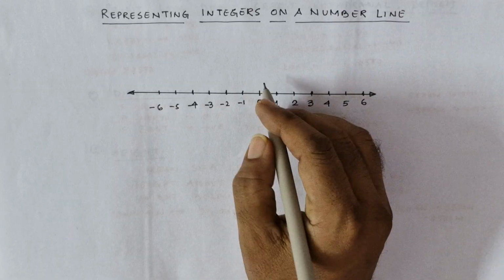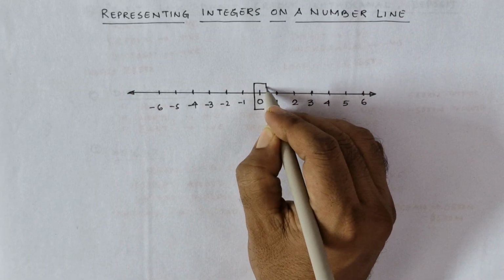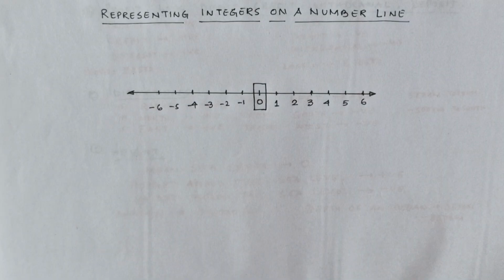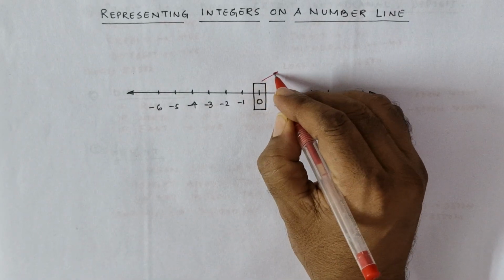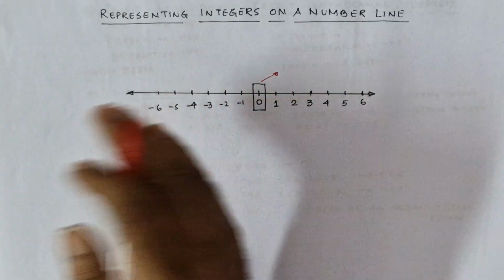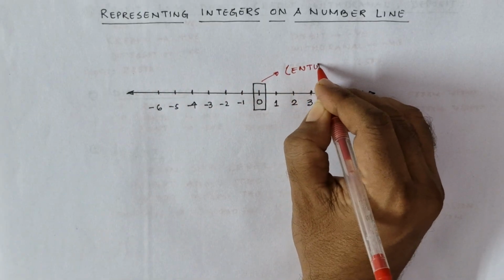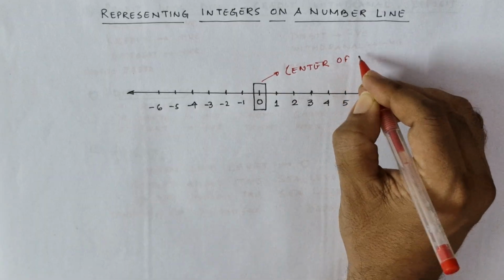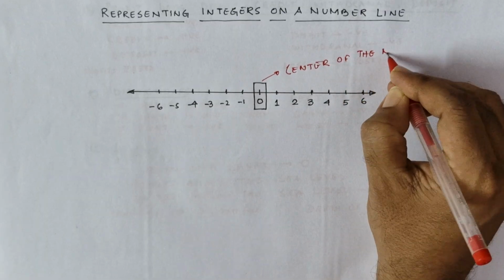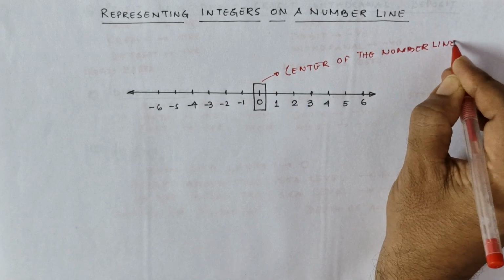Now see, just at the center of the number line, what is this? This is known as 0 or the starting point, or rather we'll call it the center of the number line.